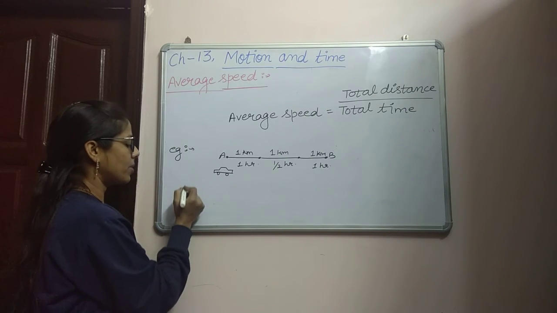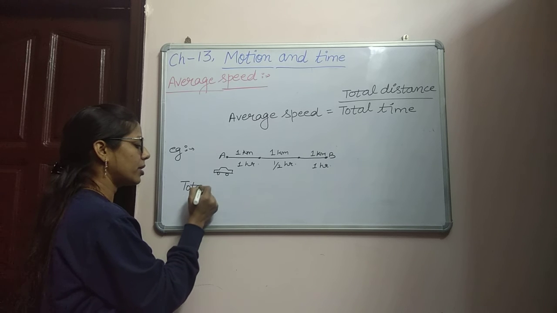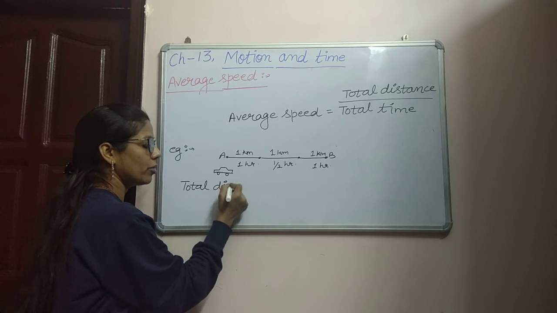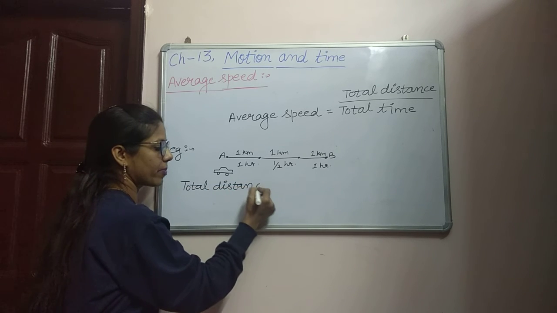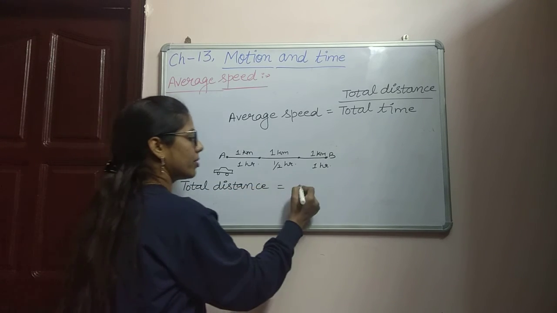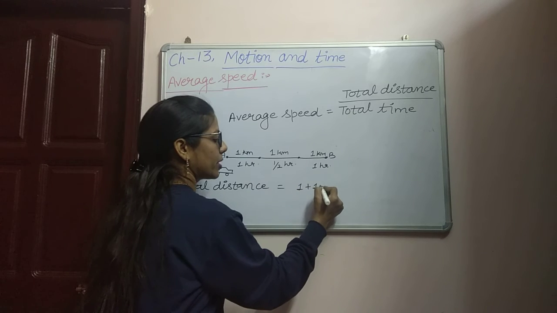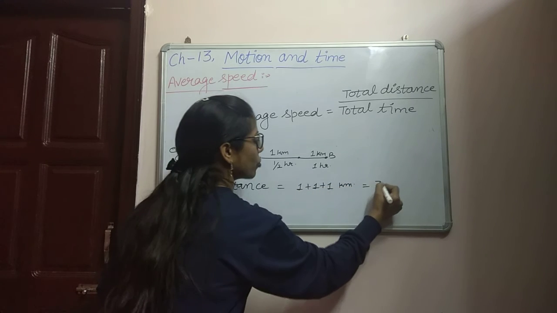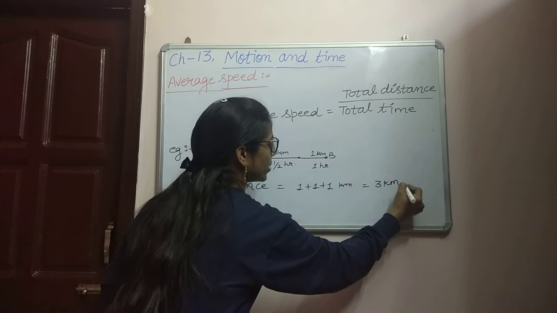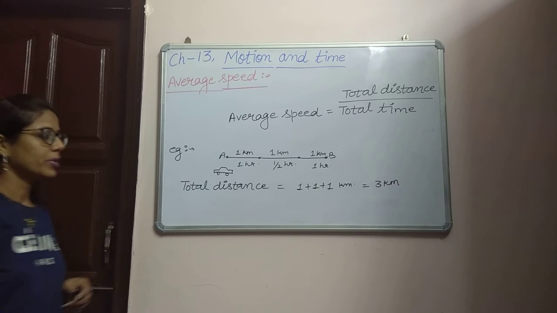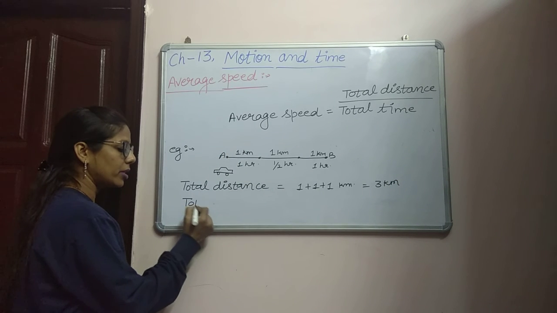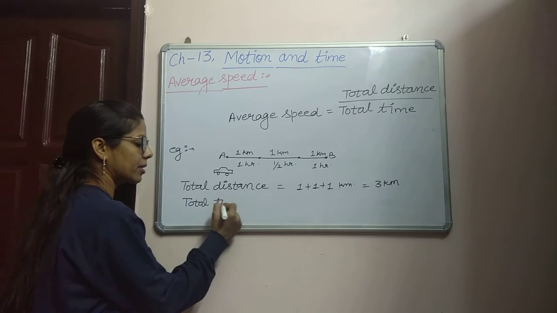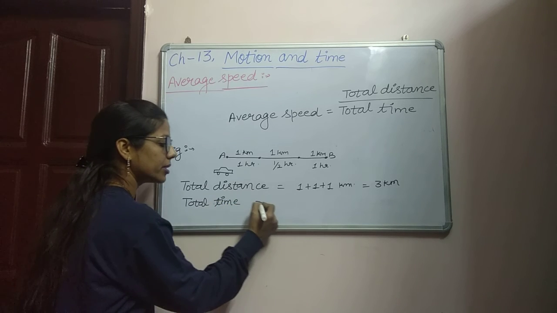So in this example, first of all we have to calculate the total distance covered by an object. It is covering 1 kilometer, 1 kilometer and 1 kilometer. It means total distance covered by an object is 3 kilometers. Now we will calculate the total time taken by the object for covering this distance.